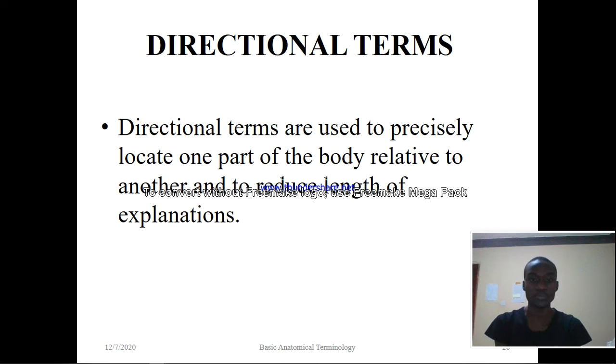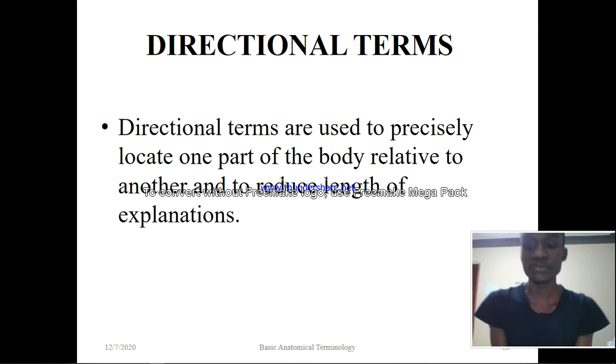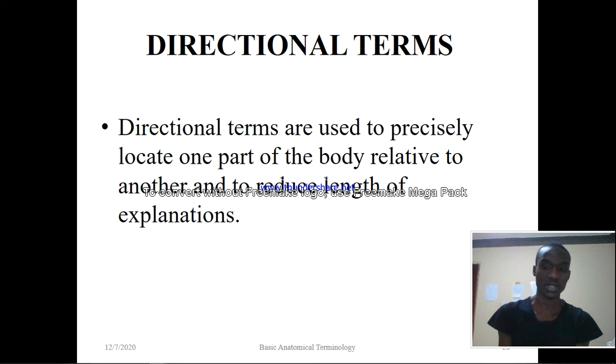So these terms help us reduce the many words of a lengthy explanation that we may end up using in trying to direct someone when intending to locate a particular body part.